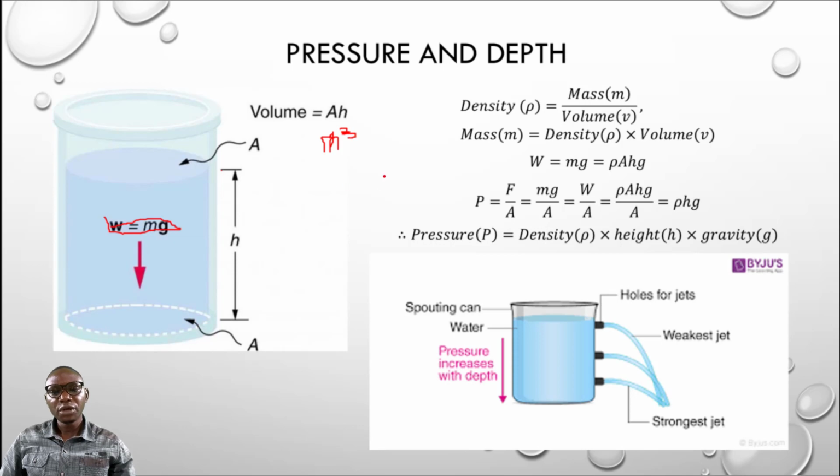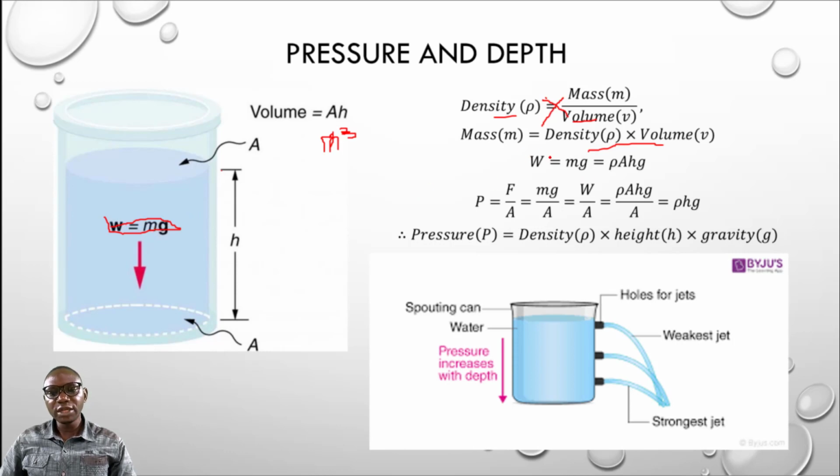Now that is volume. And if you recall from our previous study session, density is mass over volume. So from this equation, if we make mass the subject of the formula, mass is equal to density multiplied by volume. And when we are calculating the weight of that water, weight is mass times gravity.